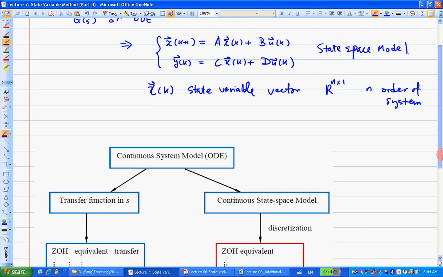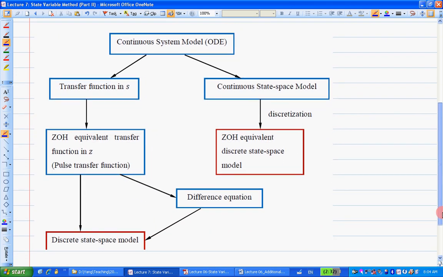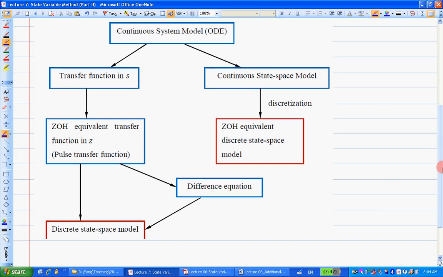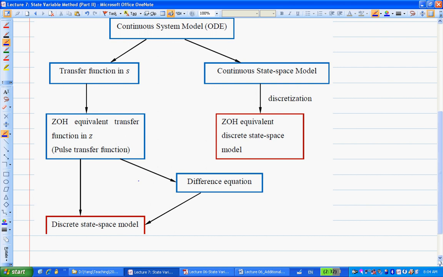I showed you this diagram in the previous lecture. Starting from the continuous system, which is in ODE form, a continuous system in the time domain, you can go through either branch to end up with this discrete state space model. You take a transfer function and discretize it.